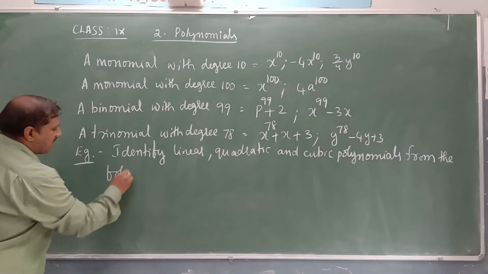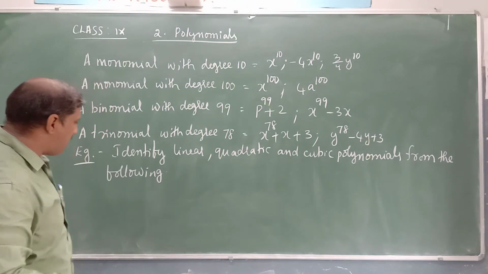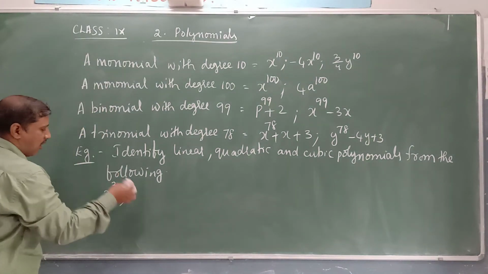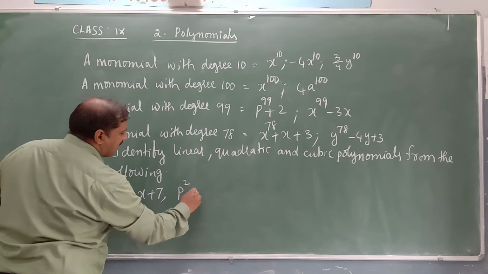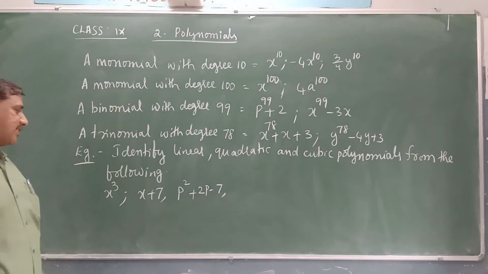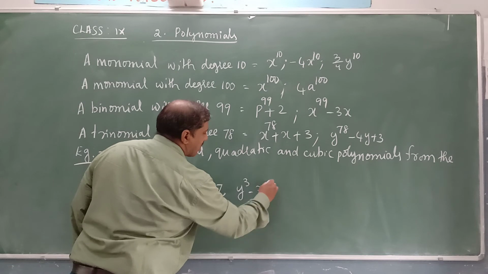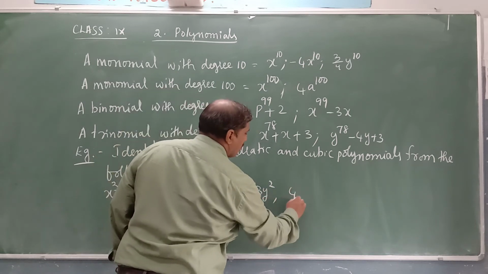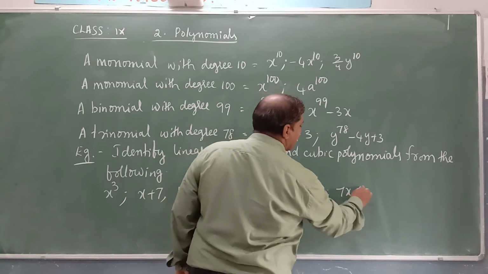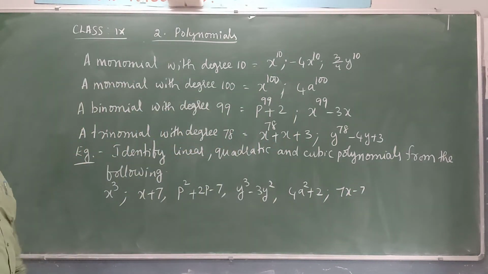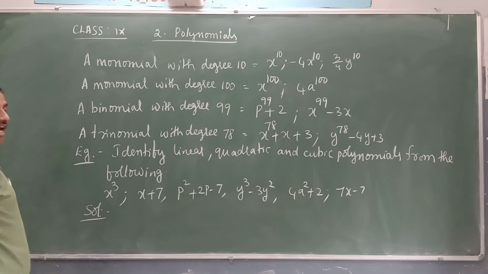So you are given some polynomials, and from these you identify which are linear, which are quadratic, and which are cubic. x cube is one polynomial, x plus 7 is one polynomial, p square plus 2p minus 7 is one polynomial, 7x minus 7 is one polynomial.